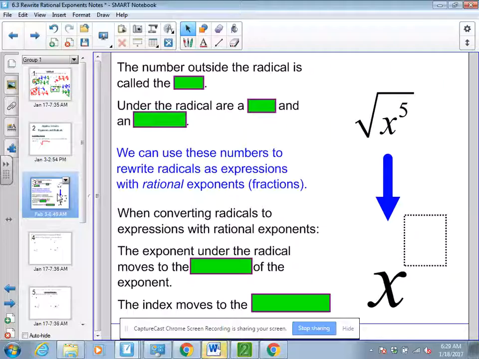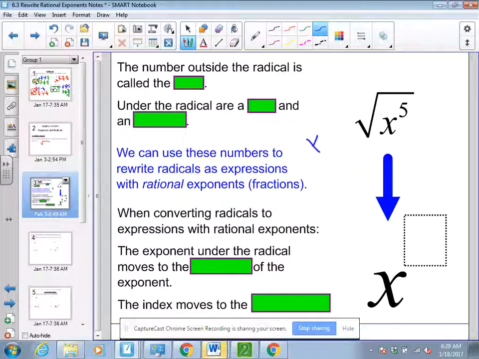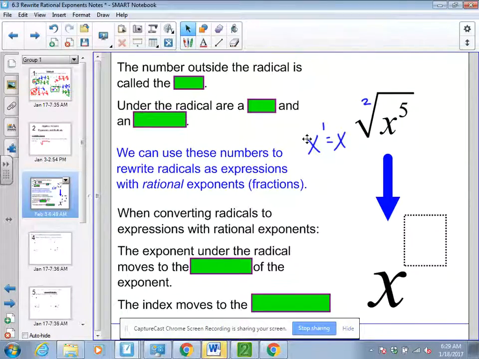So we've got some guidelines here. The number outside the radical. So this is a square root, so we don't use it. It's sort of like when we have x to the first, we just call that x. With square root, there's actually this invisible 2 there that we don't have to put because it's already known to be a square root.